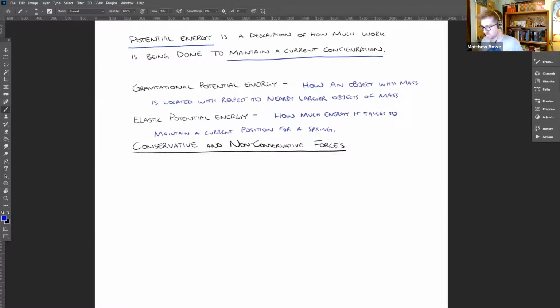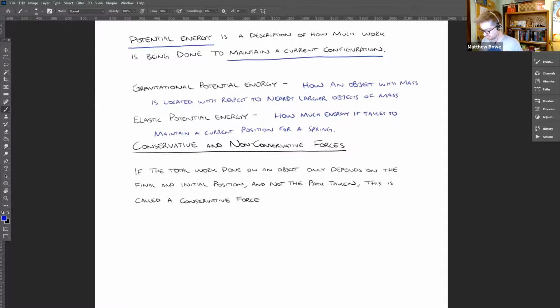So for a conservative force, if the total work done on an object only depends on the final and initial position, and let me underline, and not the path taken, this is called a conservative force.